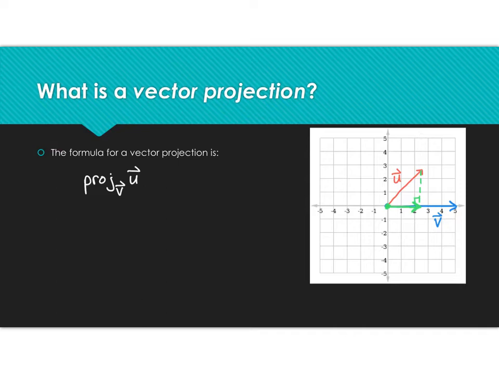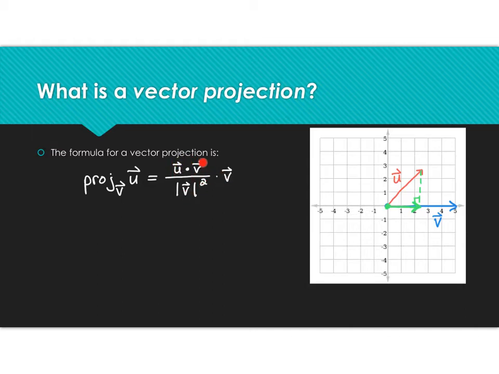So it's, like I said, kind of like the shadow of vector u on vector v. The formula for this is a little bit more complicated than the formula for the angle between two vectors, but it's u dot v over magnitude of v squared, all times v.